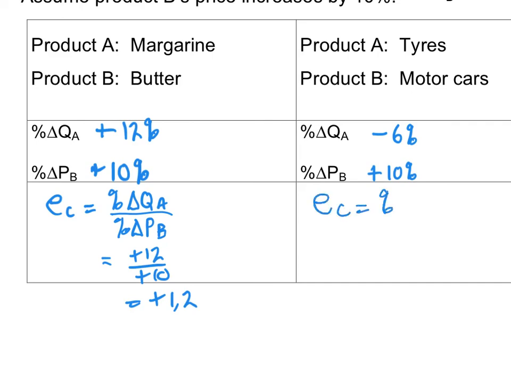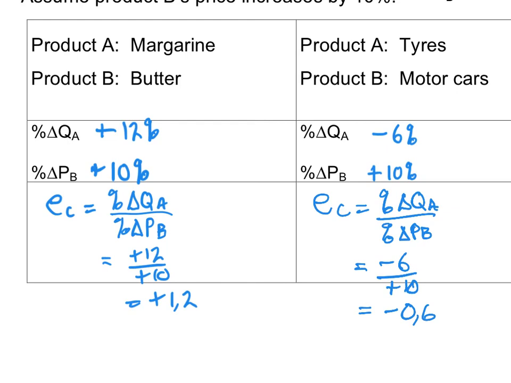The percentage change in the quantity of A divided by the percentage change in the price of B. So in this case we have minus 6 divided by plus 10, and the result of that, a negative divided by a positive, means that we have a negative answer, in this case negative 0,6.